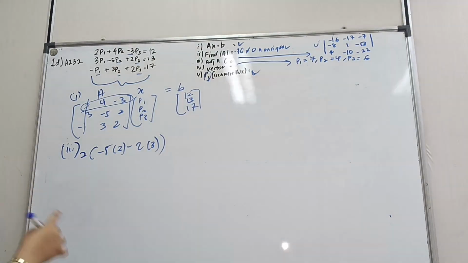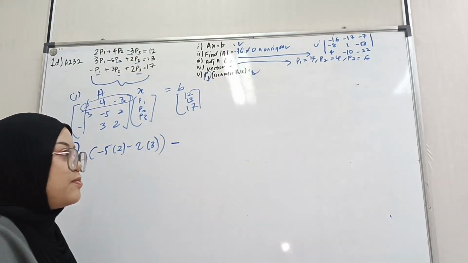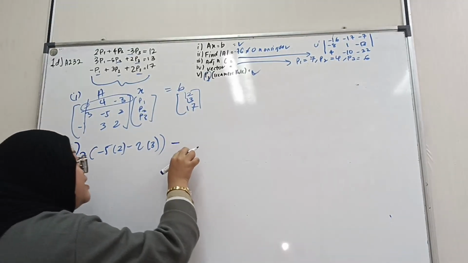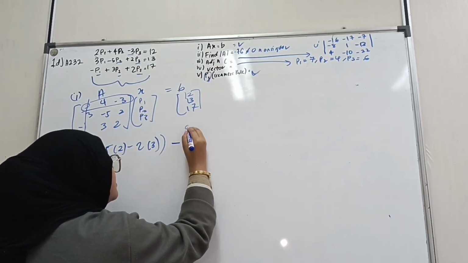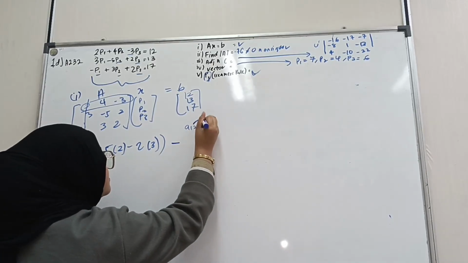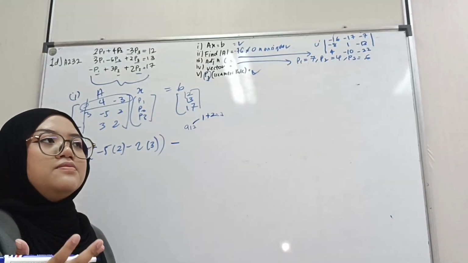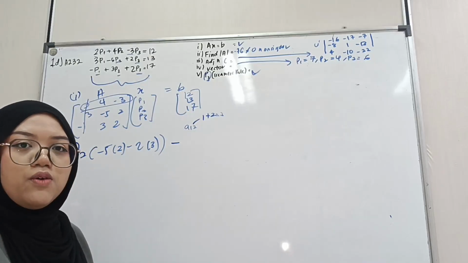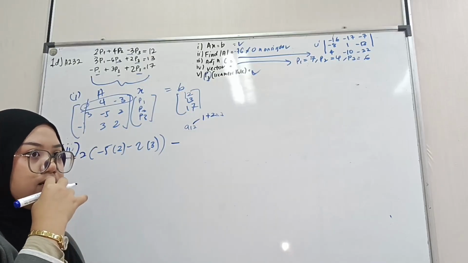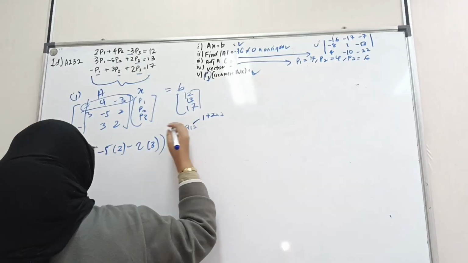As you can see, minus. Why do we have to put minus? Right here the position is A12, which is 1 plus 2 is 3. This number is odd, so we have to put minus right here.